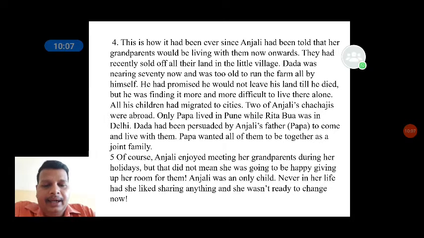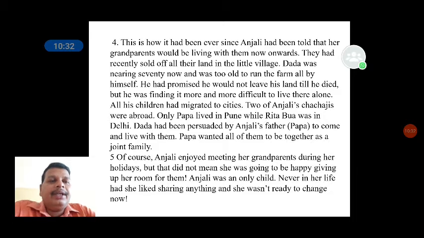Chachaji means father's younger brother. Anjali's father's younger brothers are called chachajis. Her uncles were abroad. They settled abroad. Only Papa lived in Pune.